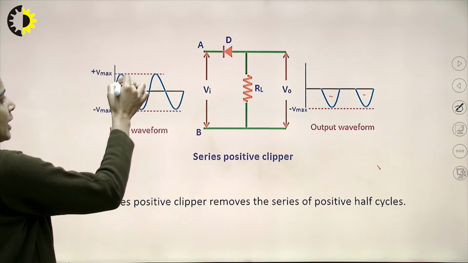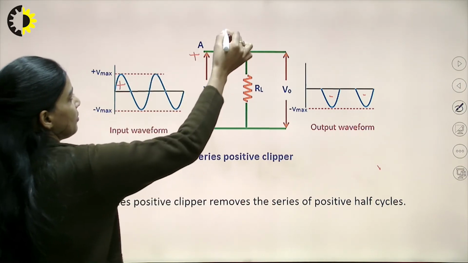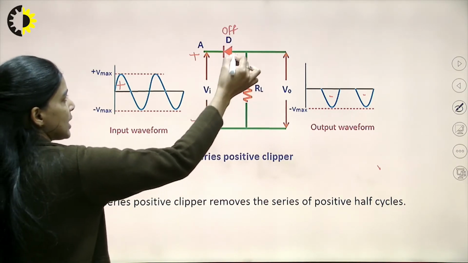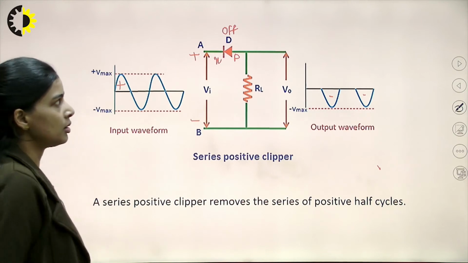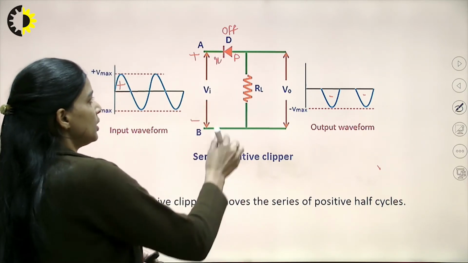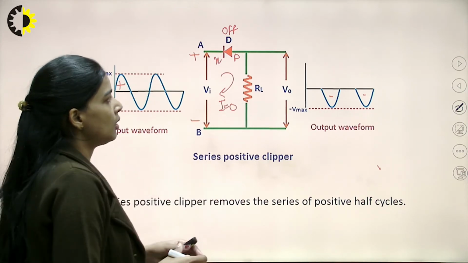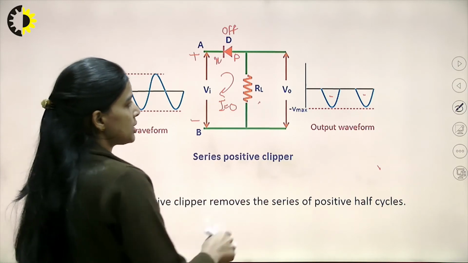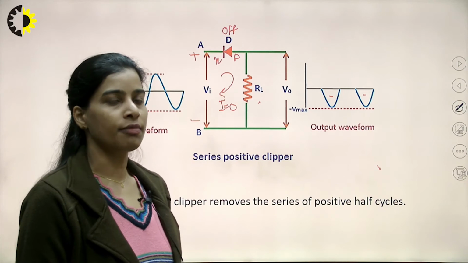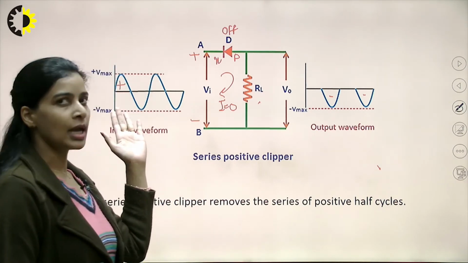When the positive cycle of the input appears, at that time this diode is off, because at this side we have P and N. So for the positive half cycle the diode is off, there is no current flowing through this circuit, so there is no voltage across this output. The positive cycle is clipped off; we are not getting any output for the positive input cycle.